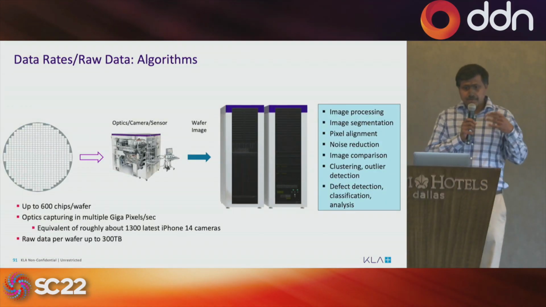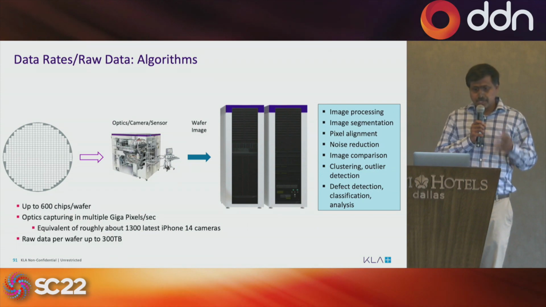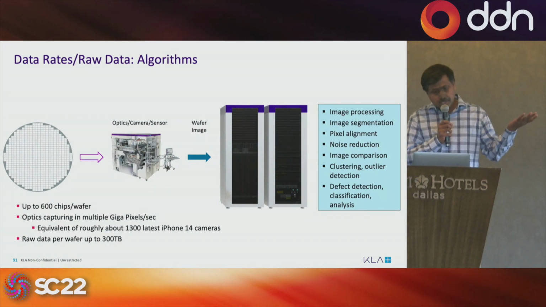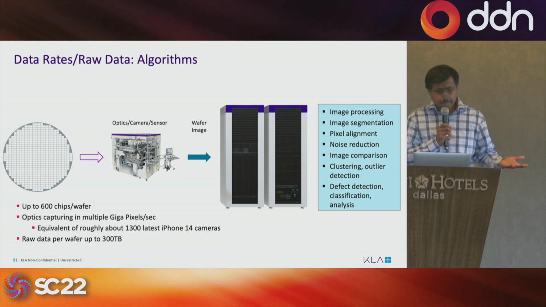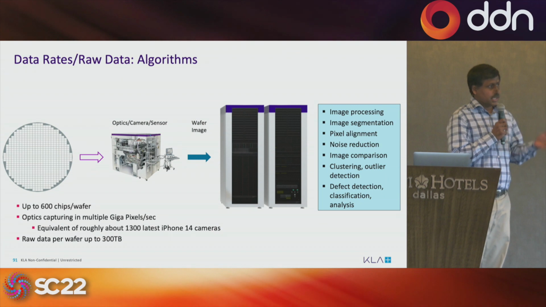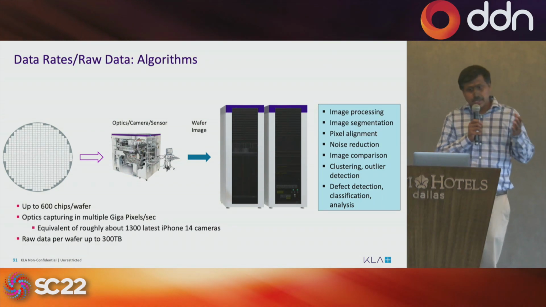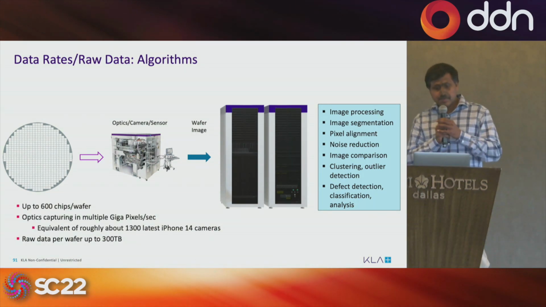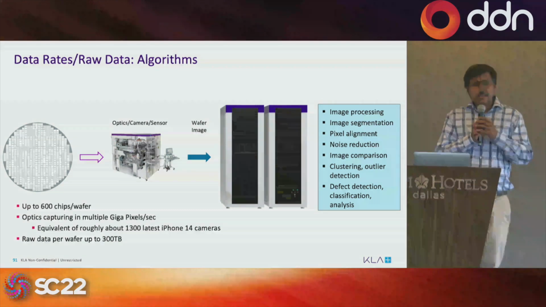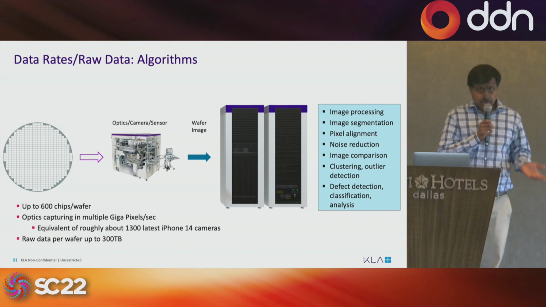Coming to the kind of data rates that we are seeing, as I said, there would be roughly about 600 chips per wafer. And the sensors that we are using these days are capable of generating multiple gigapixels per second of data. And that can add up to roughly 300 terabytes of data per hour.